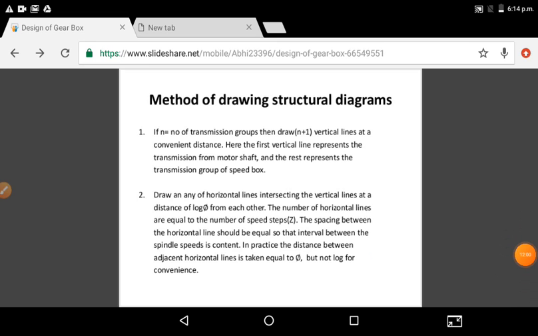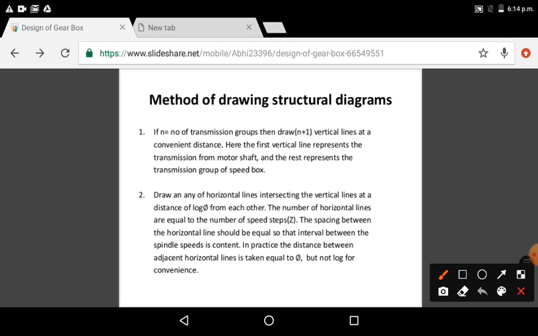Now we are going to study how we can draw the structure diagram. If n is equal to the number of transmission groups, then draw n plus 1 vertical lines, right? If n is equal to 3, three transmission groups, then we have to draw 4 vertical lines, n plus 1, right? So these 4 vertical lines have been drawn. Here the first vertical line represents the transmission from the motor shaft.